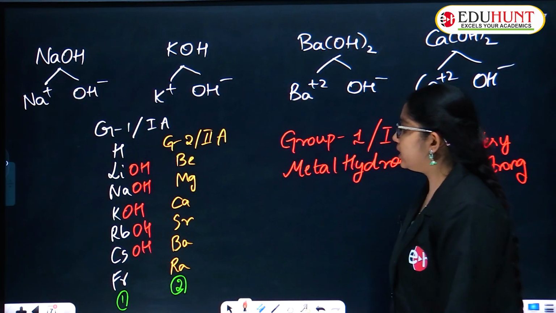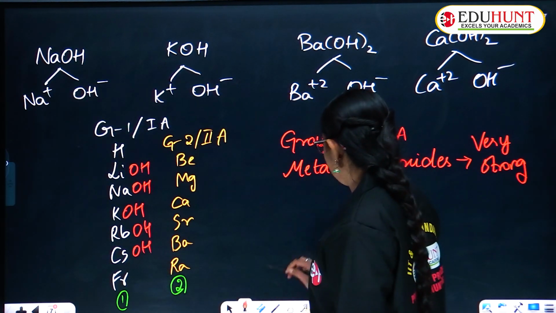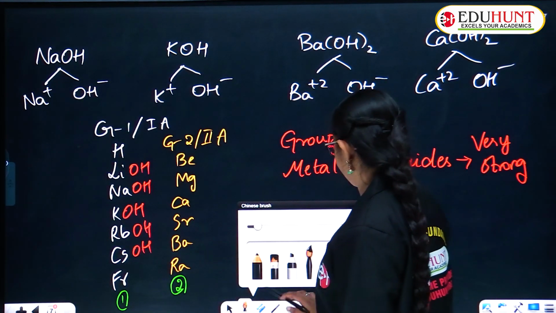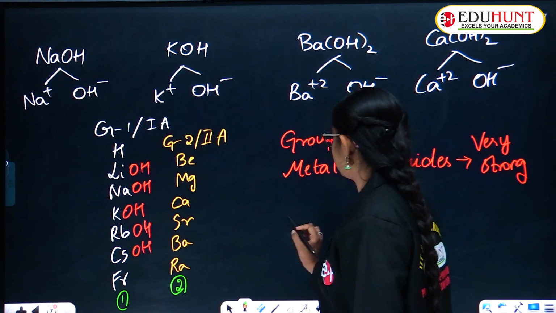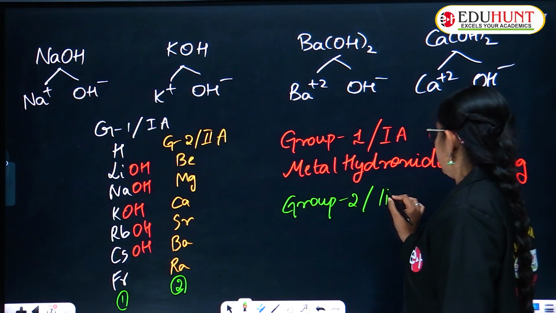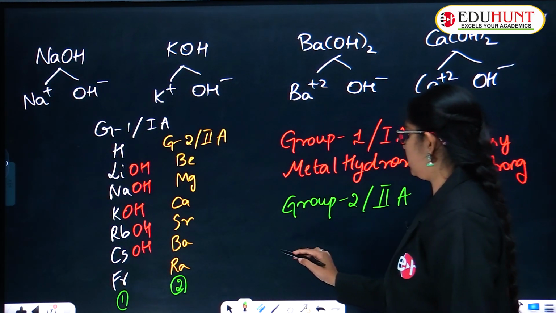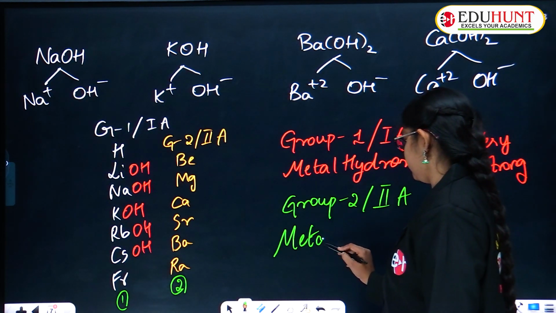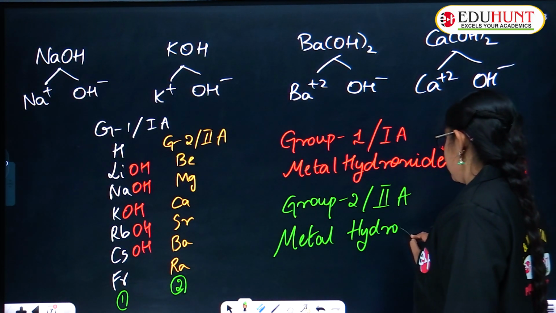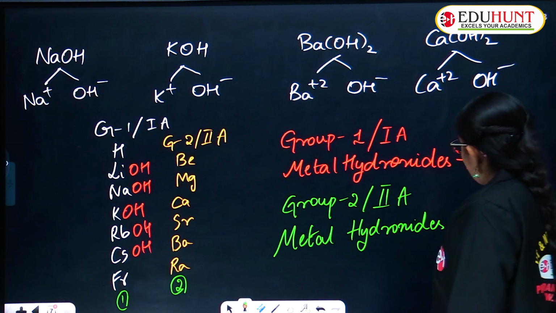And comparatively, the group 2, or Roman number 2A, metal hydroxides are just strong.